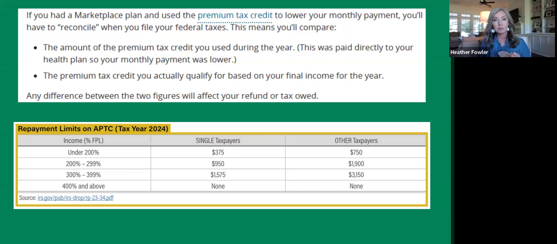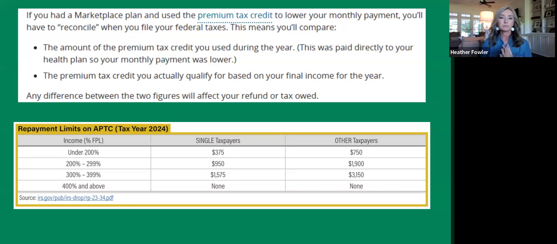We estimated what it would be, but if it's different, then they're going to have to either pay back the part that they weren't really eligible to receive, or if they are eligible for extra that they didn't use, they can get that back. Now, some of those things may change depending on legislation, but as of today, that's what's still in effect.